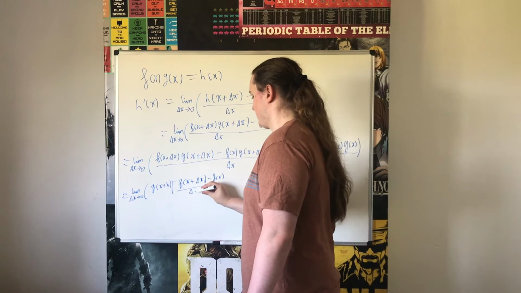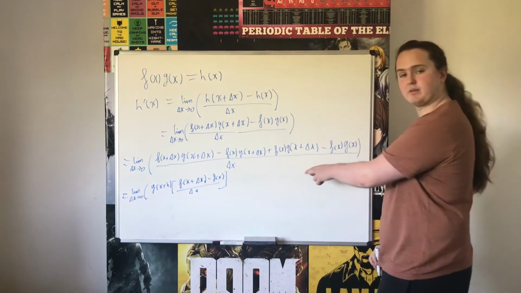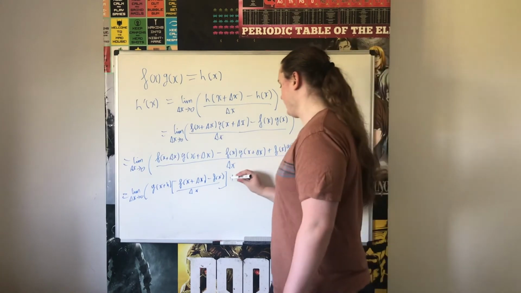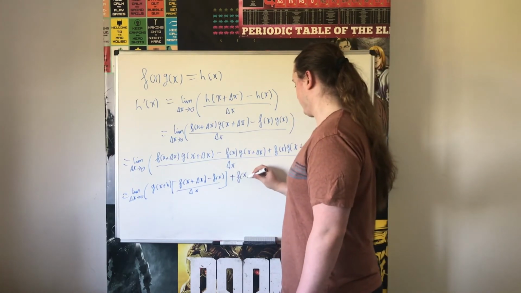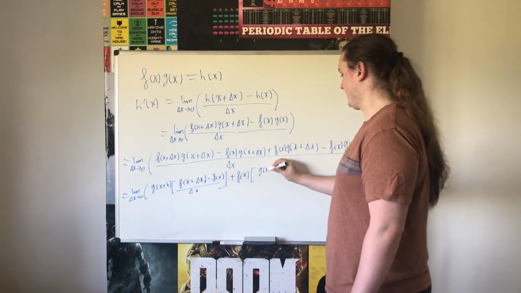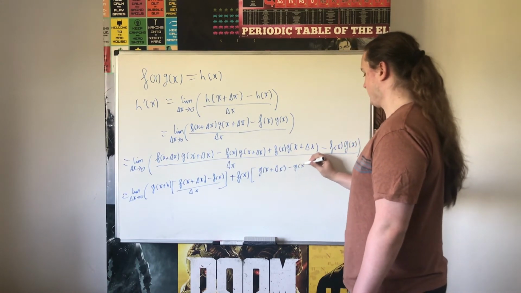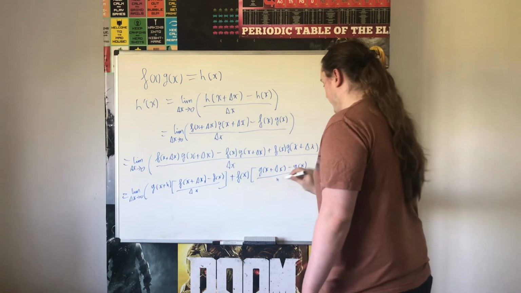So we get this expression here. And now in these two terms, we're going to factor out an f of x. And that gives us g of x plus delta x minus g of x over delta x inside that bracket.